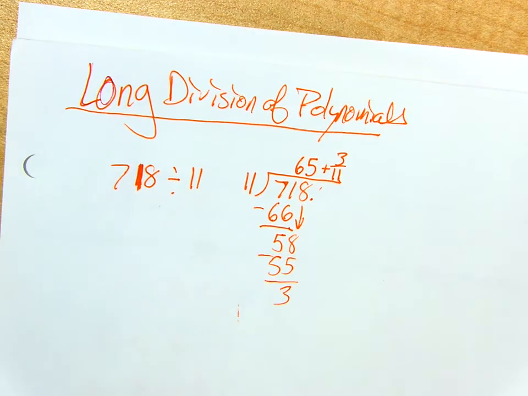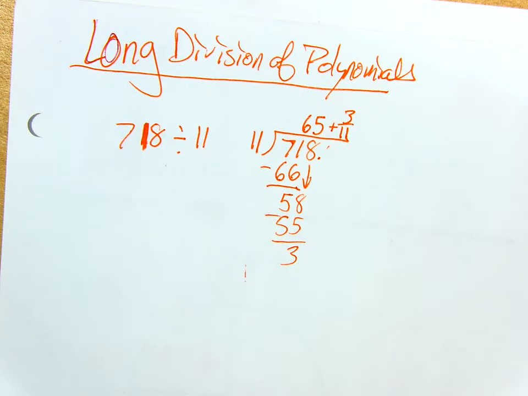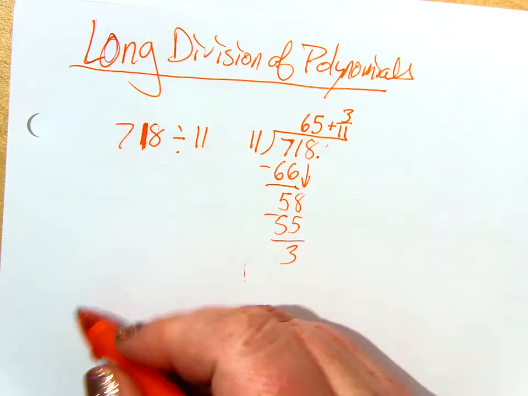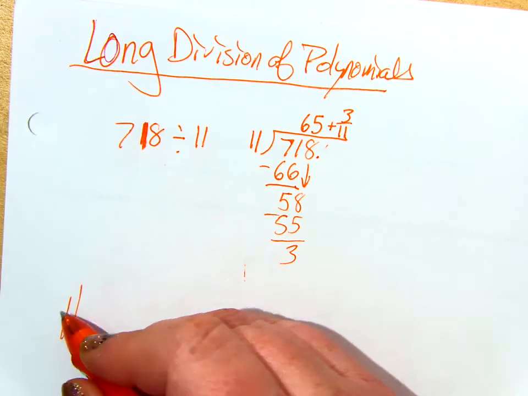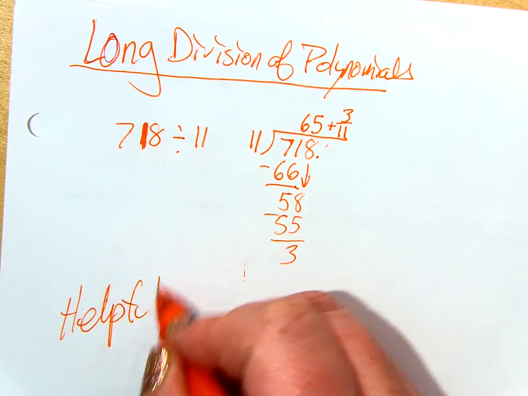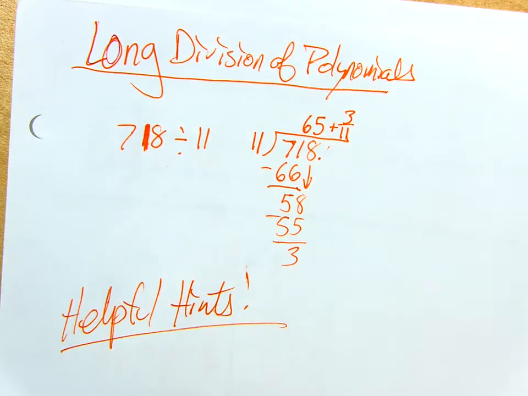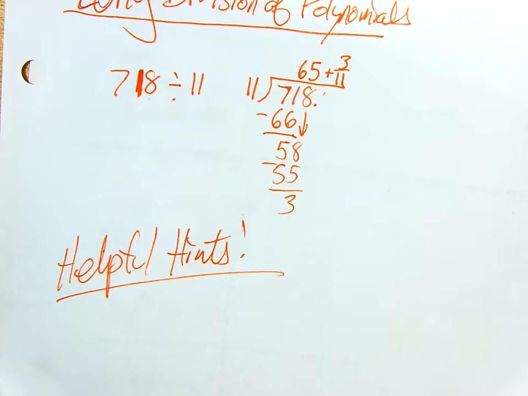Okay, so a couple things that you need to keep in mind when you are dividing polynomials. So let's call these helpful hints. Your polynomials have to be in standard form.